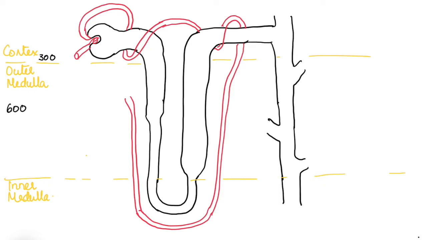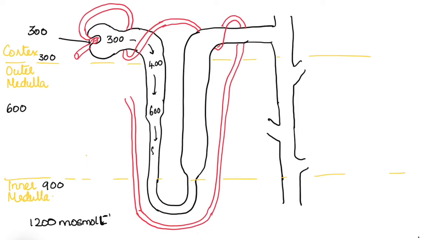So here you can see the osmolarity in the cortex is 300 and it reaches 1200 milliosmoles per liter towards the inner medulla. The blood has an osmolarity of 300 milliosmoles per liter. So the blood that is passing through the glomerulus has an osmolarity value of 300 milliosmoles. And after ultrafiltration, the filtrate is also 300 milliosmoles.